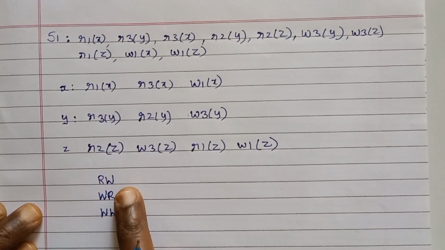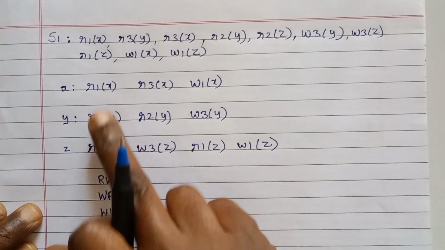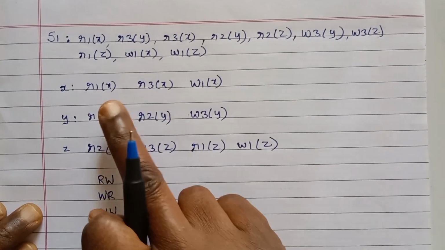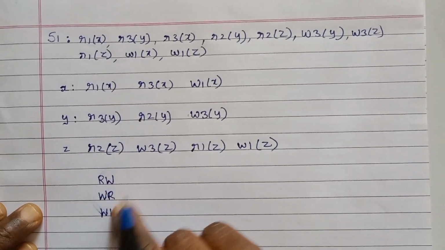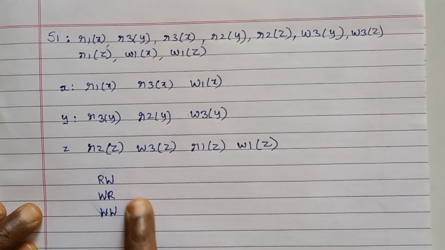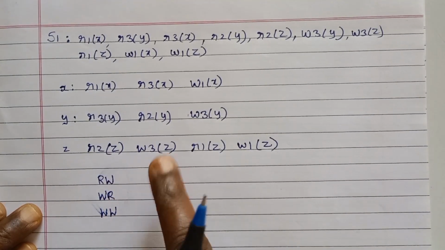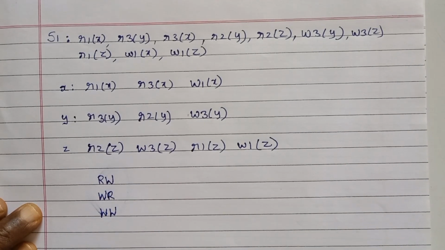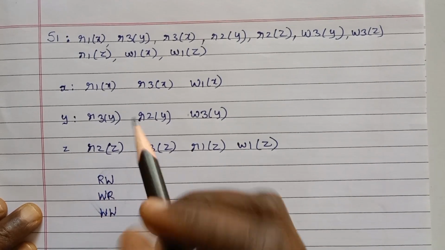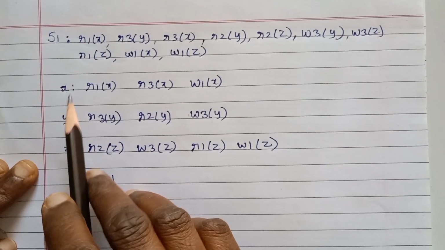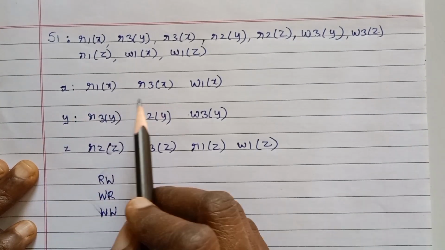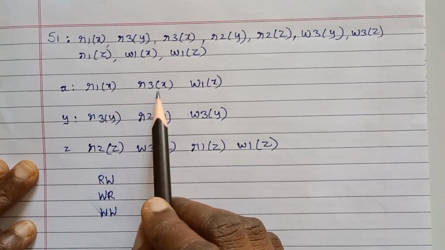You have to check these for a single data item across different transactions. First we will identify those patterns. For the data item x, we see r1 and r3.